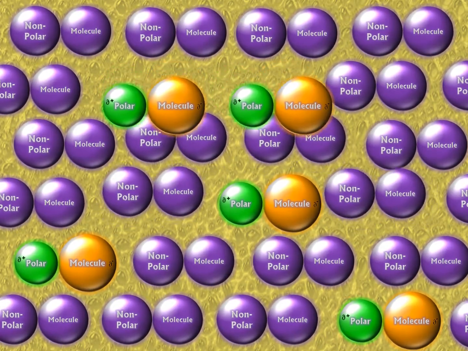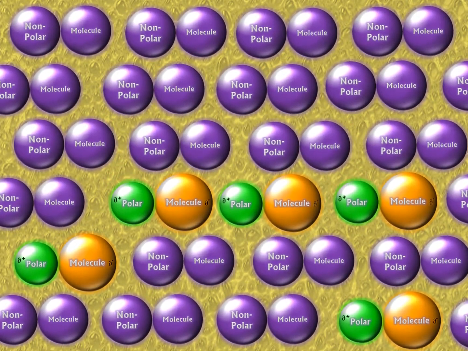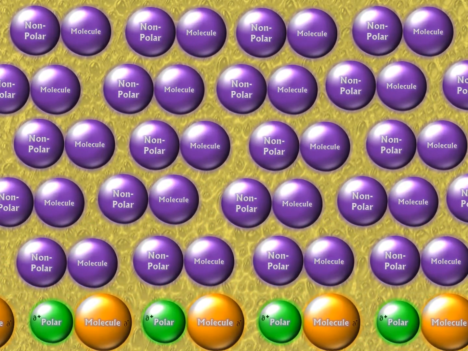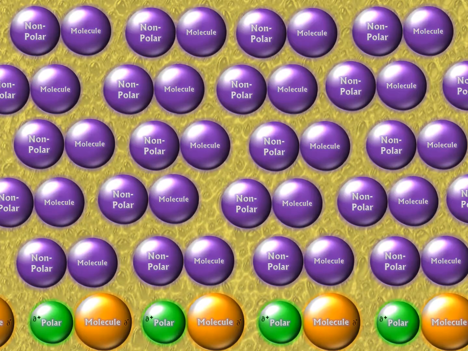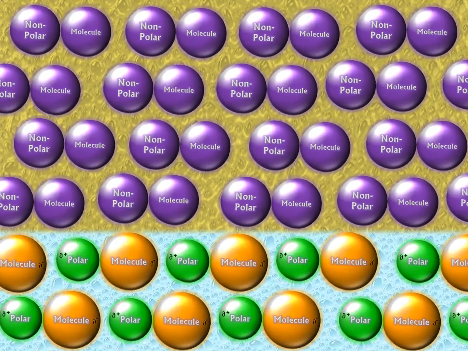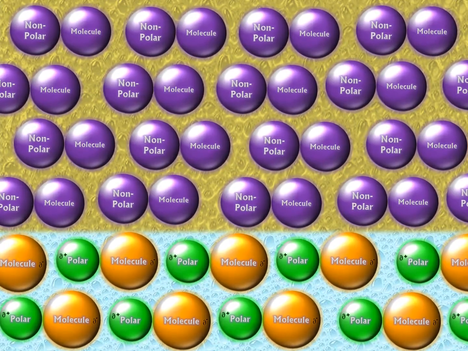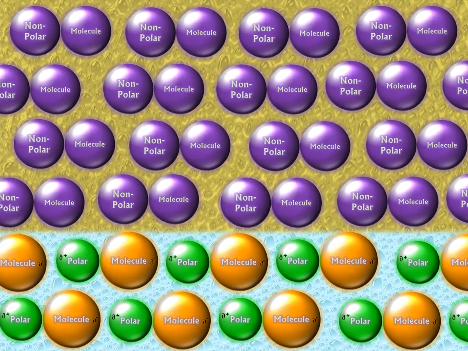And depending on their density, that will determine whether this pulls them in an upward or downward direction. And what you wind up with is separated heterogeneous layers, not a solution.